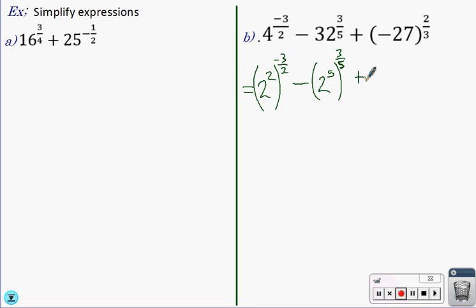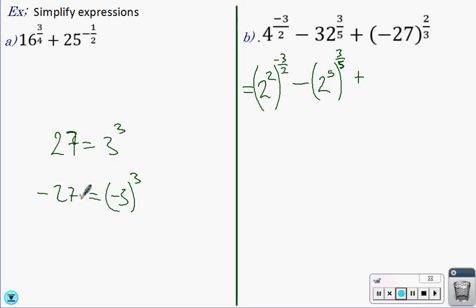So plus, this is the important one. 27, normally 27 is a power of which number? 3 to the power of 3. But right now I have minus 27. Can I get minus 3 to the power of 3? If I do it like that, I can get that as minus 27.